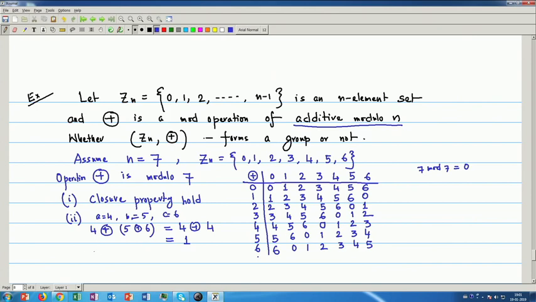Now, if I take 4 modulo 5, then modulo 6. So, 4 plus 5 becomes 9 modulo 7 is 2, 2 plus 6 modulo 7, that means 8 modulo 7, that is also 1.